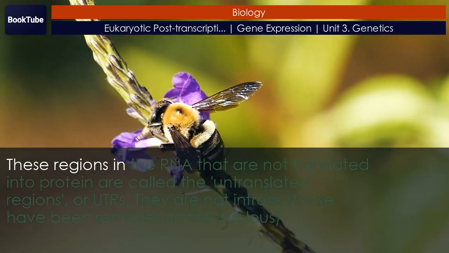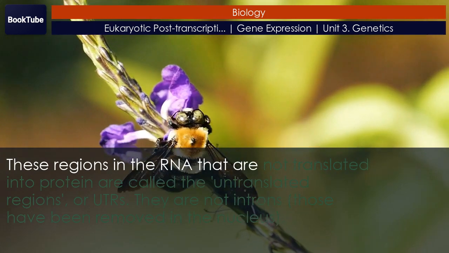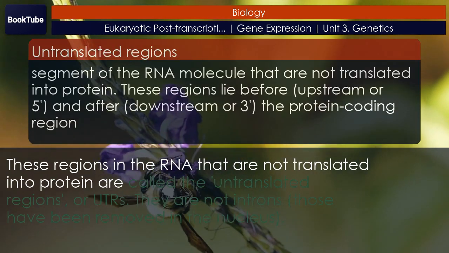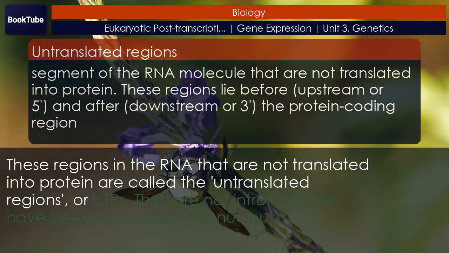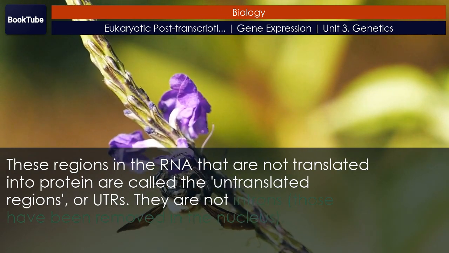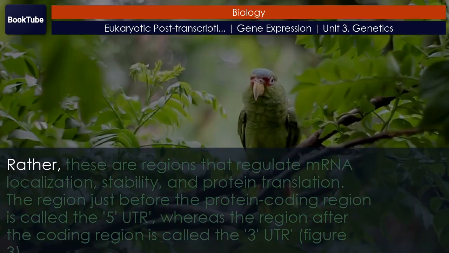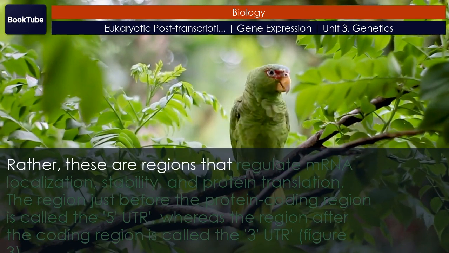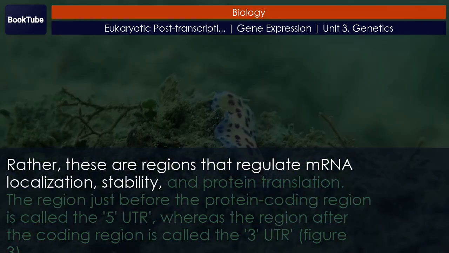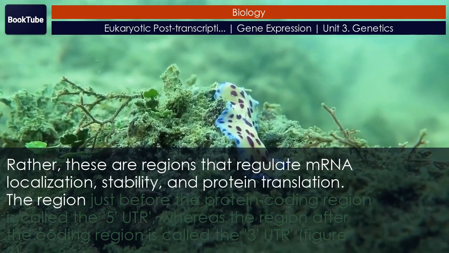These regions in the RNA that are not translated into protein are called the untranslated regions, or UTRs. They are not introns. Those have been removed in the nucleus. Rather, these are regions that regulate mRNA localization, stability, and protein translation.